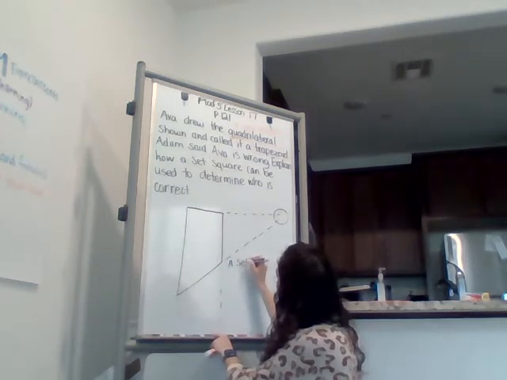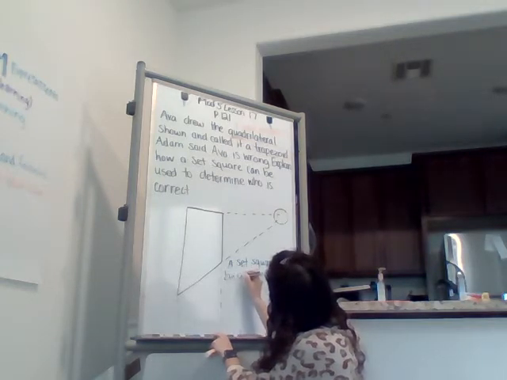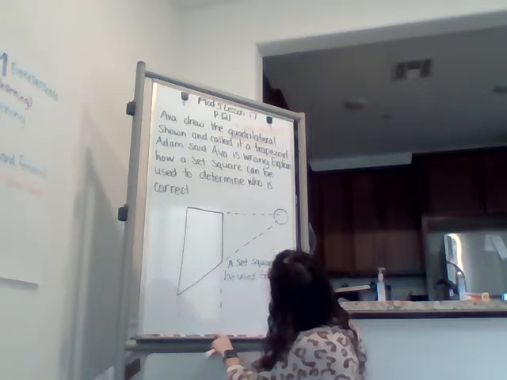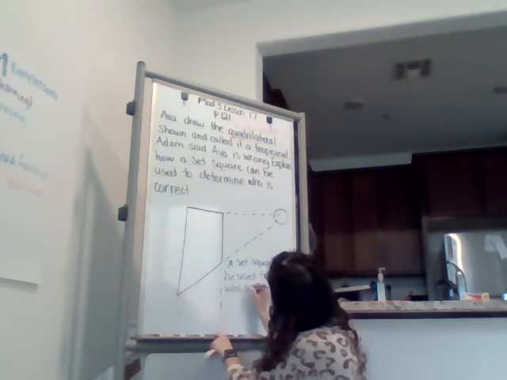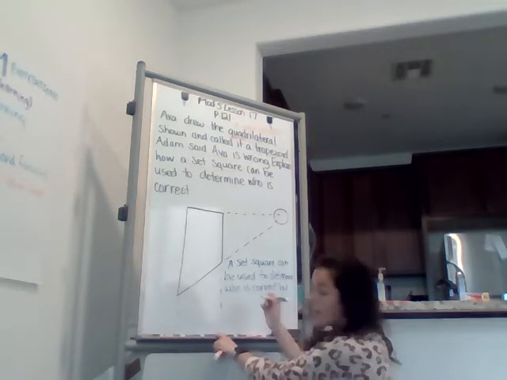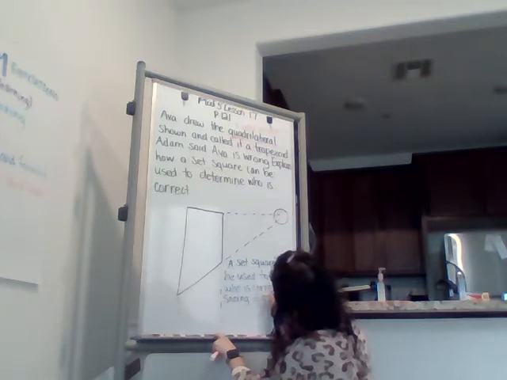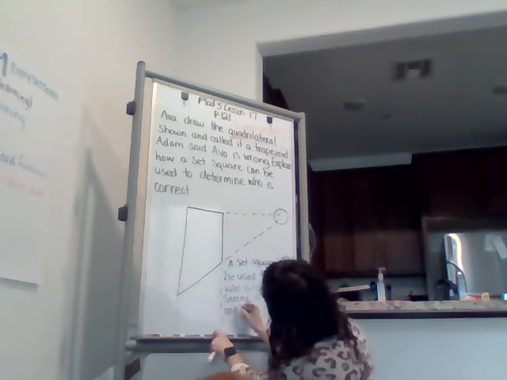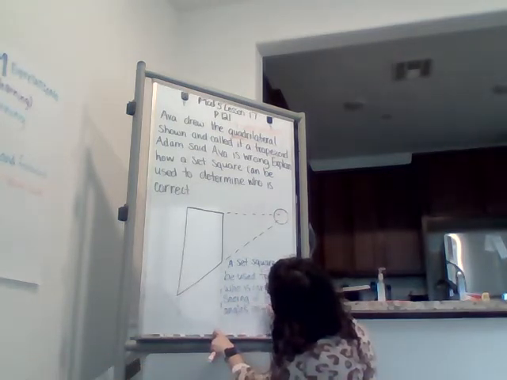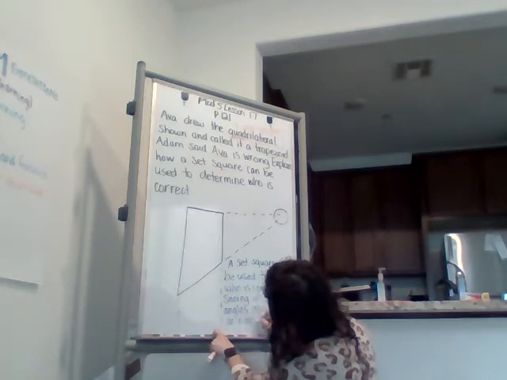A set square can be used to determine who is correct by seeing if the angles are 90 degrees or right angles.